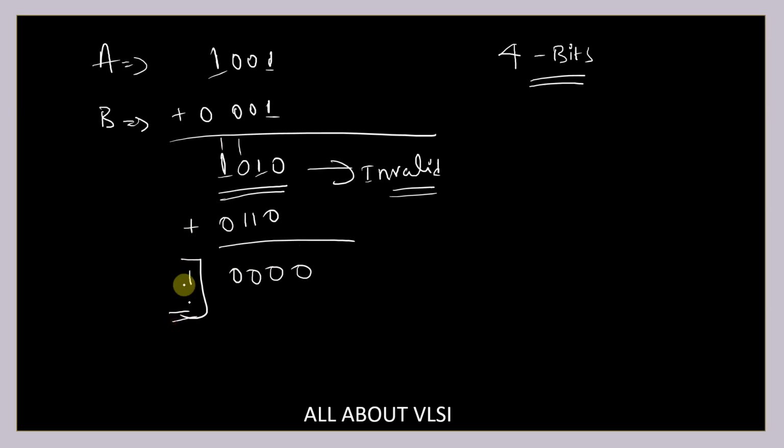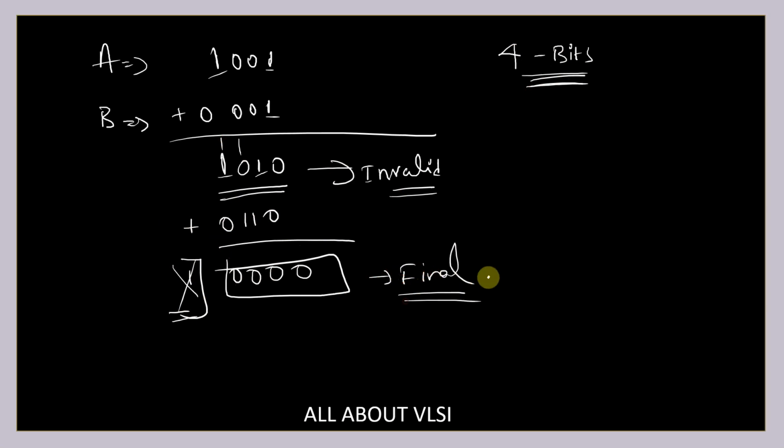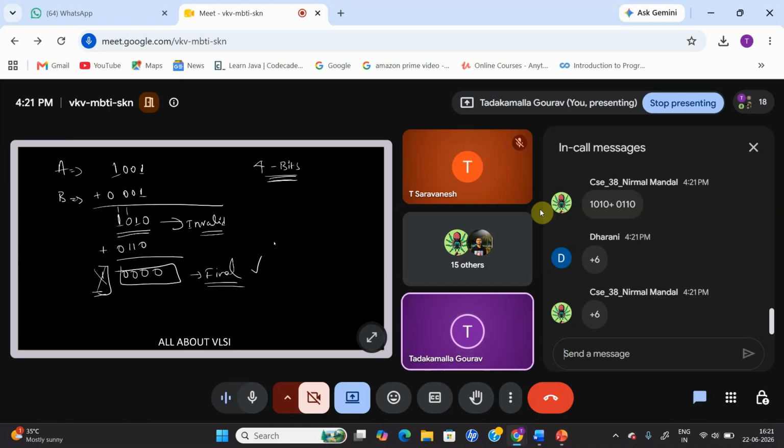And if you get a carry, you discard it because you have only 4 bits. So this is your final answer. You add 6 because you have 6 invalid codes. That's the reason you're adding 6. So this is how you deal with BCD numbers.